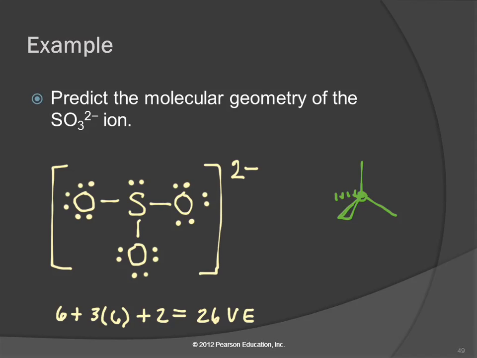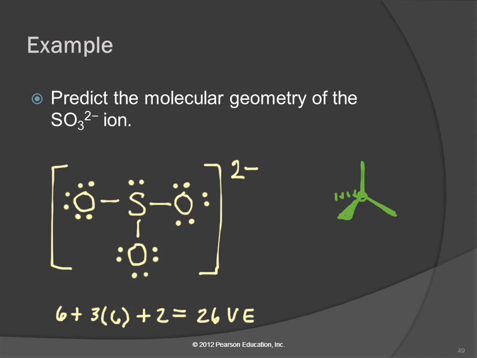So this hashed one, we'll see it in a slide coming up soon. We envision that as coming out of the screen. I'm sorry, that's the wedge. The hashed one, the dashed one, is going behind the screen, and these two guys are in the plane of the screen. So that's one way to draw a three-dimensional thing on a flat piece of paper.